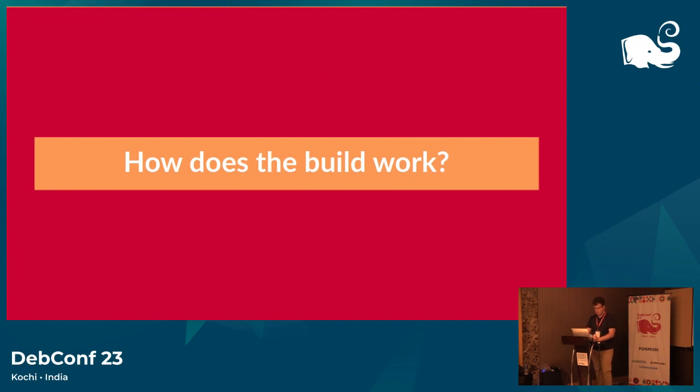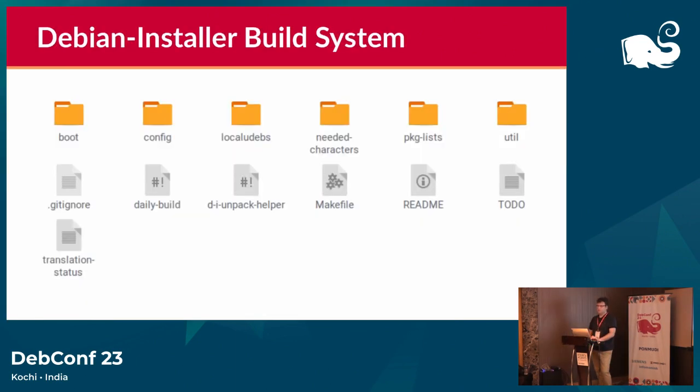So we now know what the Debian installer build system is designed to do. It's building an initrd archive, that is the installer, but how does it work? If we look into this build directory, we have some files.